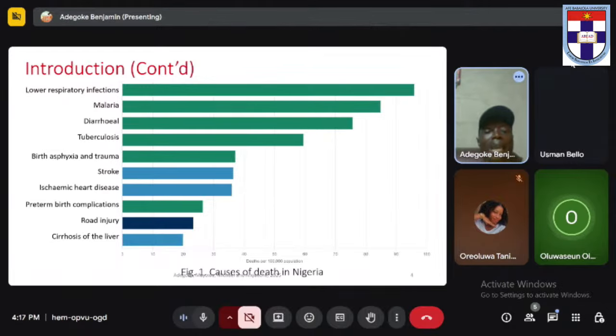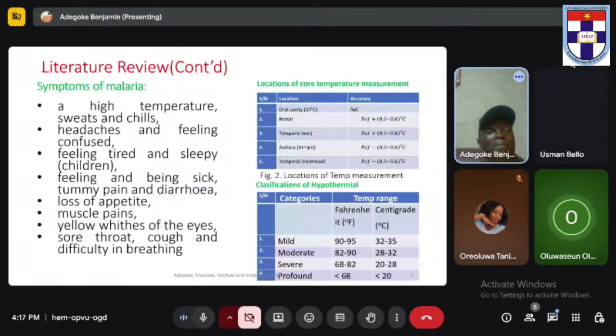And we know that in malaria, a rise in temperature is one of the pointers, though there are many pointers like headache, feeling confused, tiredness, being sick, tummy pain, and all the rest of them. But most importantly is the temperature rise.